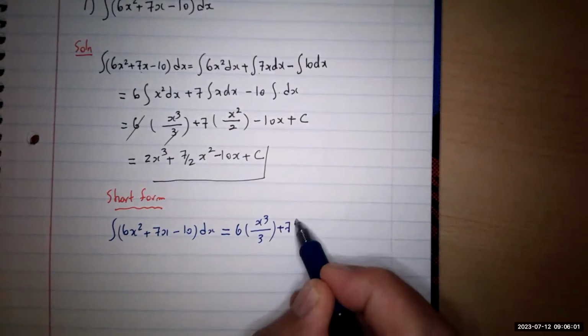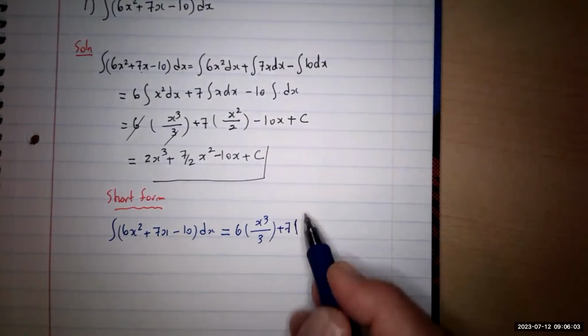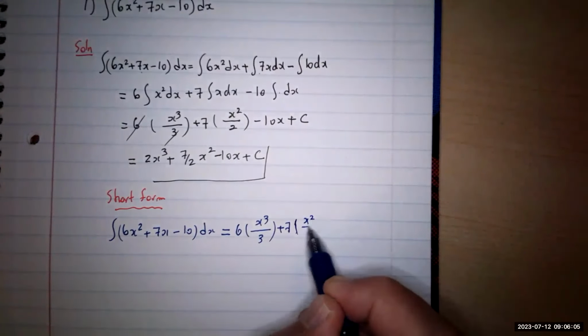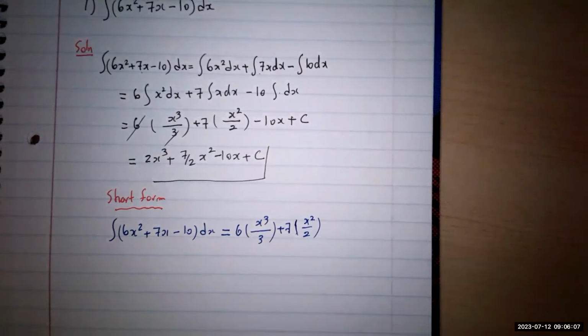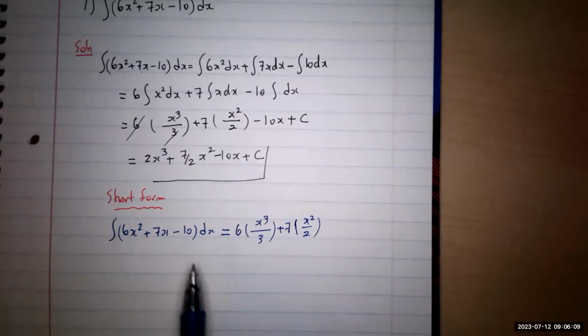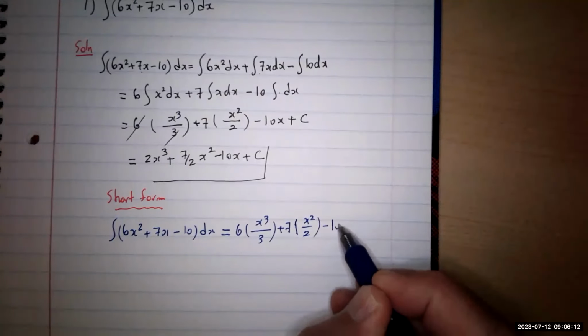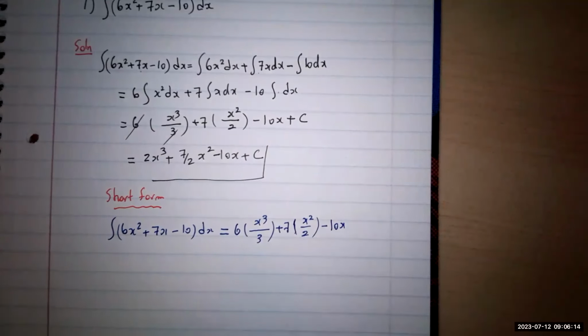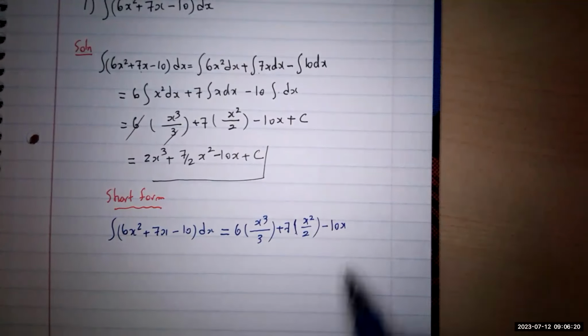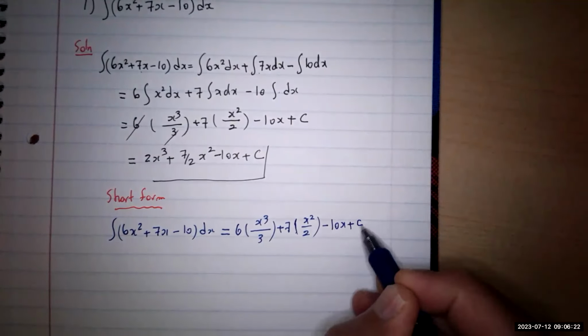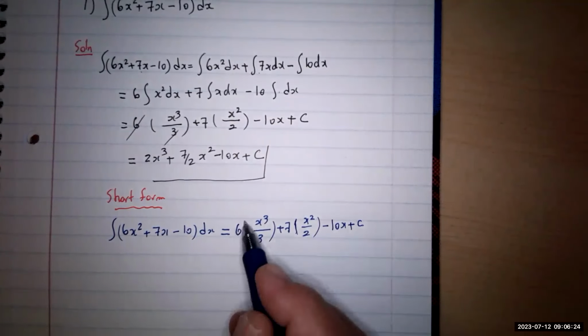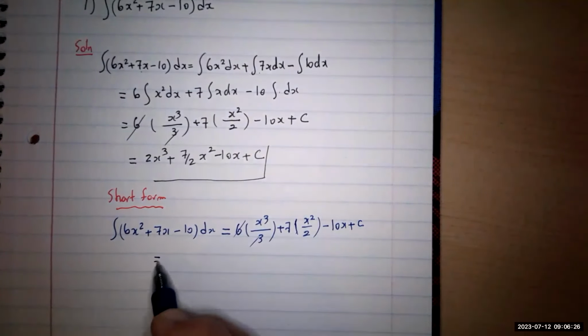Power rule: for x, the power is 1, so you move it up, x squared over 2. Done. Integral of negative 10 would be negative 10x. You see, we want to find the function whose derivative is 10. It's 10x and the constant c. That's it.